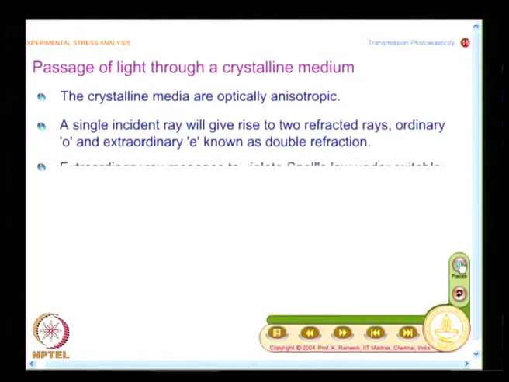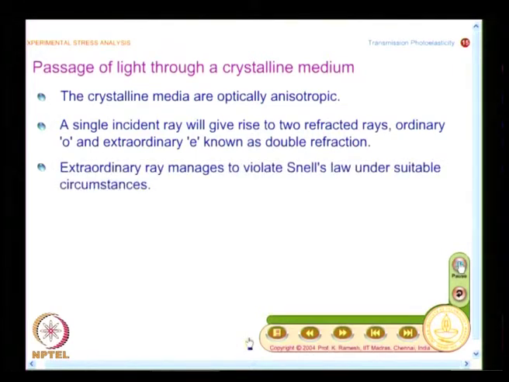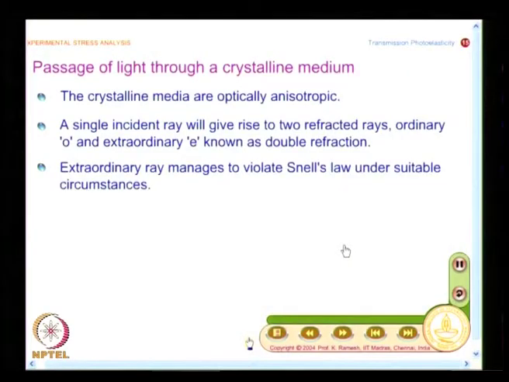First, we will have a look at the ray diagram, and then, as I mentioned, I will provide you an experimental justification for all these concepts.